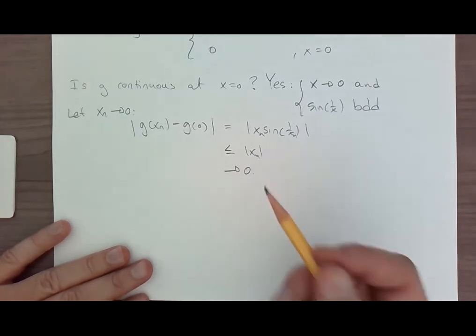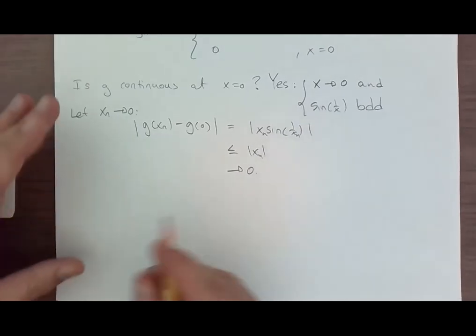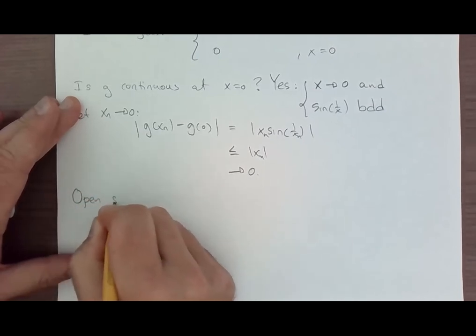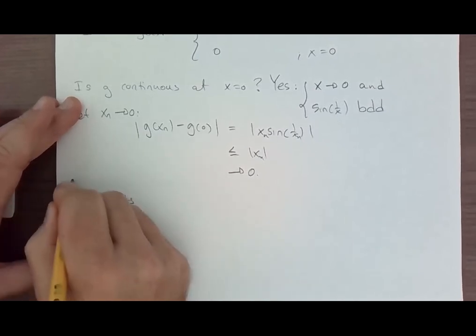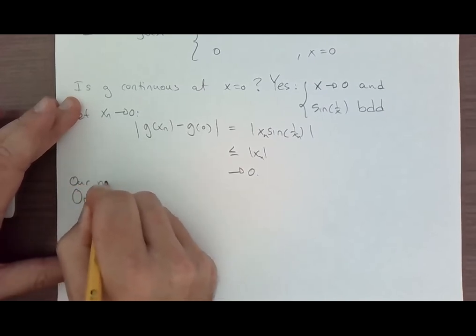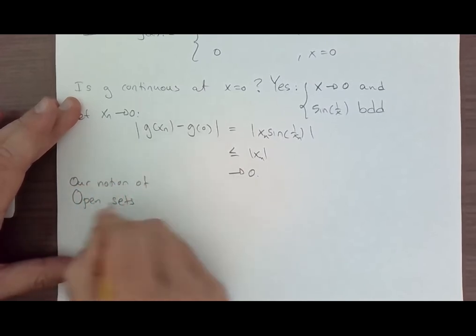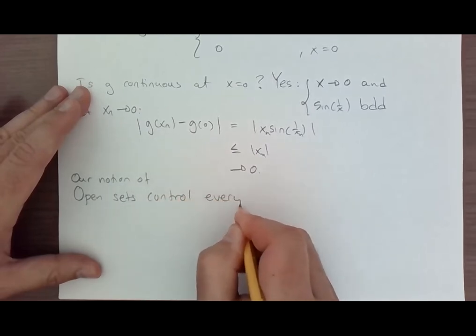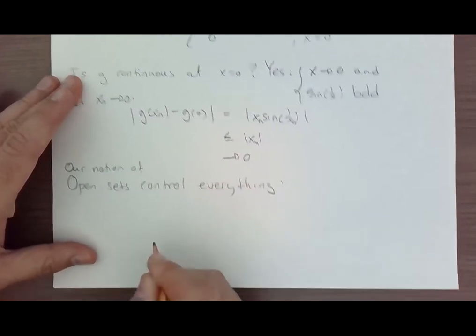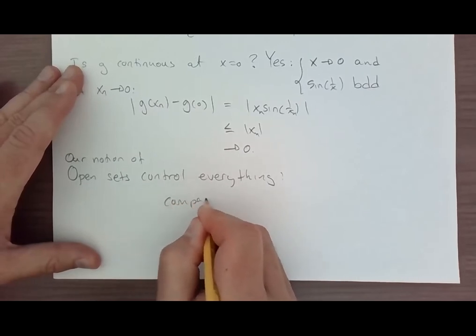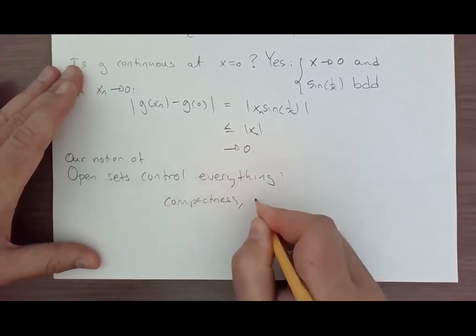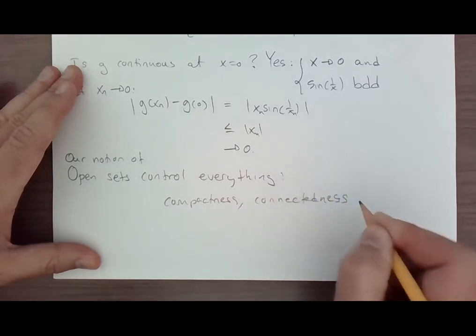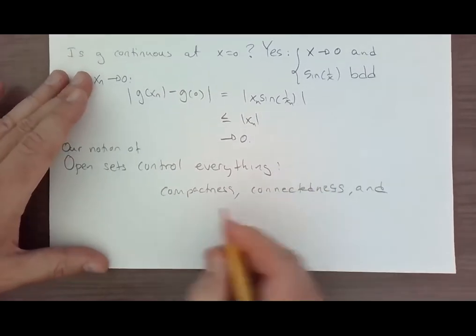Because I had made this point before: our notion of open sets controls everything. It controls compactness, it controls connectedness, and it controls continuity.